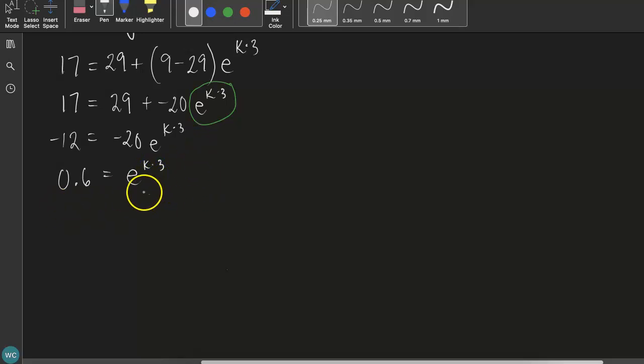At this point, because I've got the exponential part of that equation isolated, now I can use some techniques for solving exponential functions. The particular one I'm going to use is change this to its logarithmic form. So this is a logarithm with a base of e that is equal to its exponent, 3 times k, or k times 3, doesn't matter there.